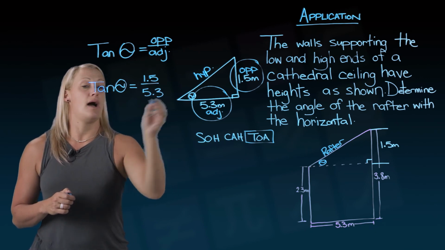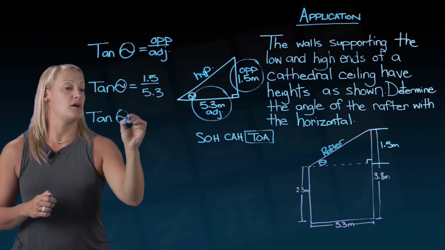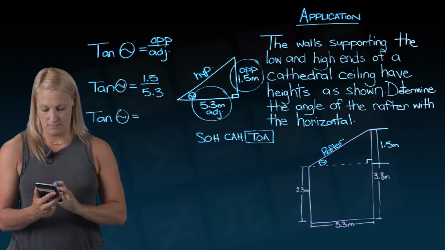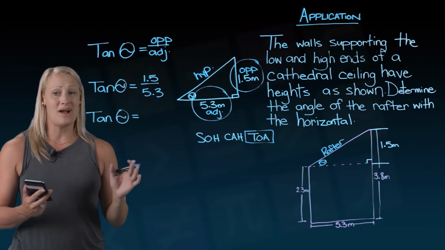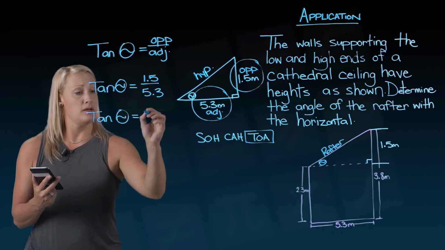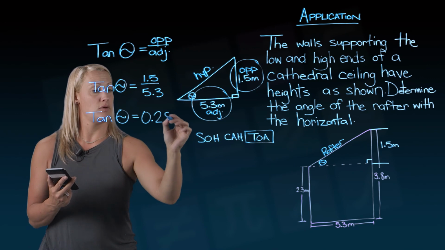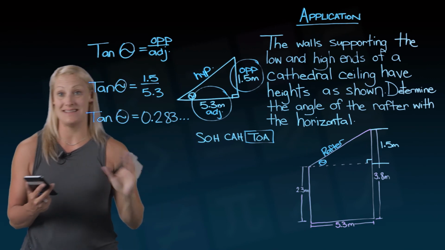And now I am going to do that in my calculator. So I'm going to type in 1.5 divided by 5.3. And if you remember from our last example, I'm not going to round this number. So I'm getting 0.283, and I'm going to put a dot, dot, dot here to imply that I didn't round it.